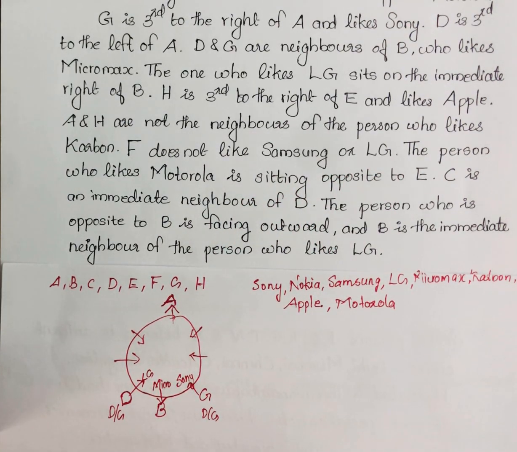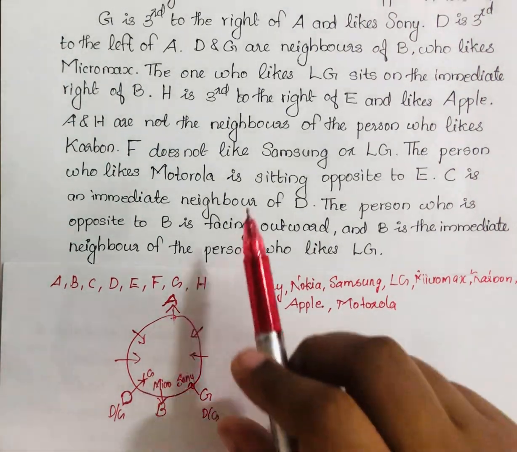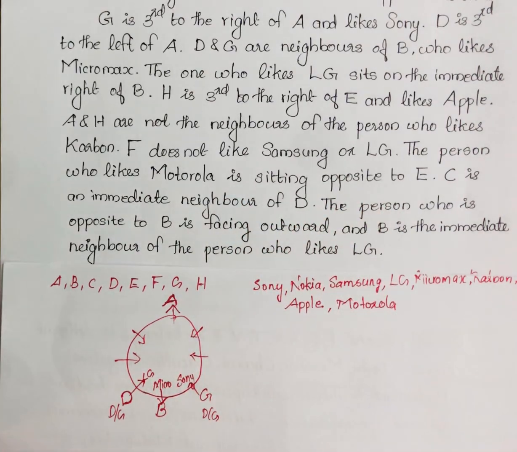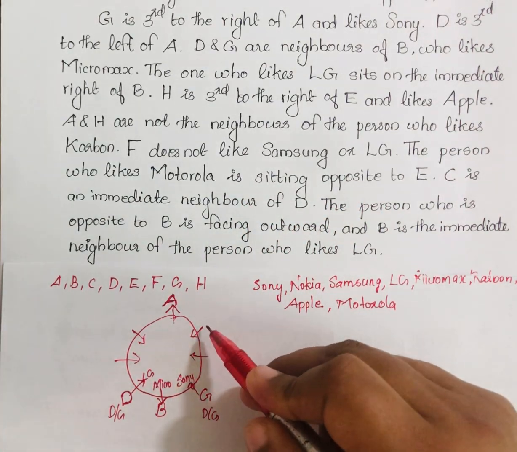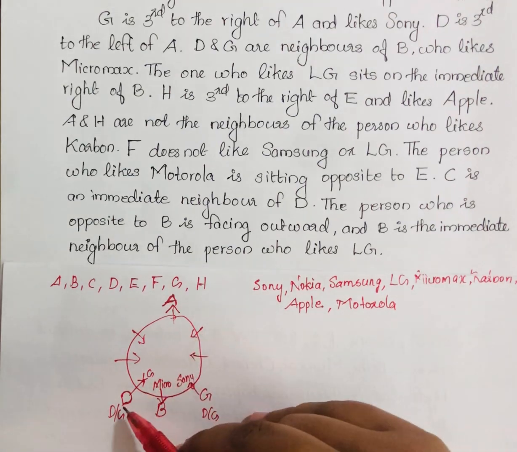Two possibilities are there. Then one more thing is given, A and H are not the neighbors of the person who likes carbon. So one more thing, the person who likes Motorola is sitting opposite to E. So if we put E here, the person opposite to E is D, that is LG.